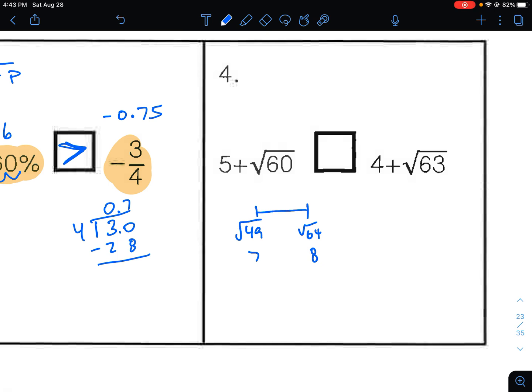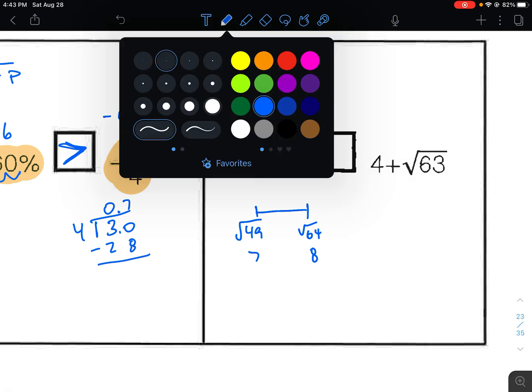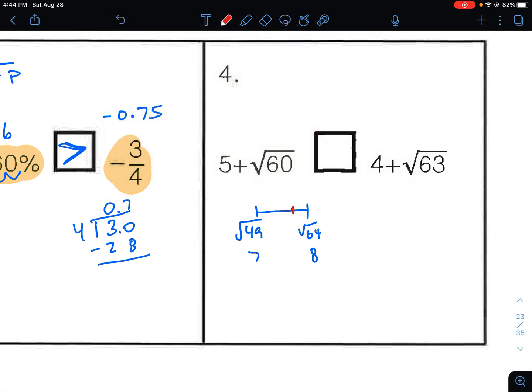Gosh, 60 is closer to the 64 than it is to the 49. How much closer? Well, I don't know. Maybe it's 7.7, 7.8, something like that. Hopefully that's close enough. Now, this is 7.8. You're going to add it to 5, which gives us like 12.8. Hopefully that's good enough information.